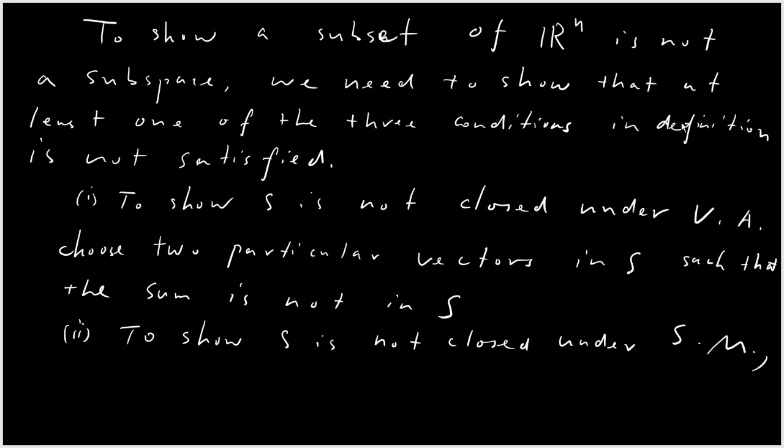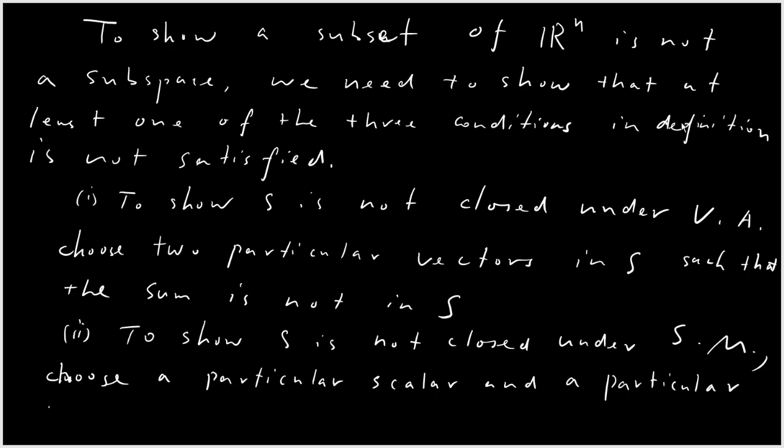So this time you choose a particular scalar and a particular vector in S, such that the scalar multiple is not in S.